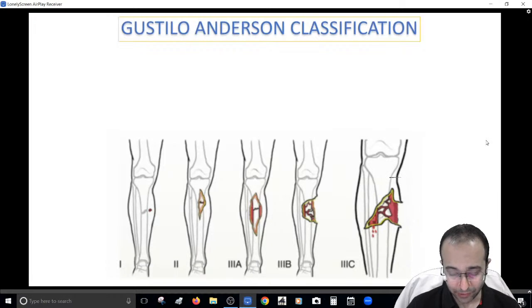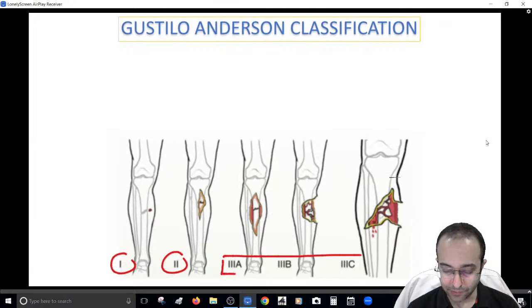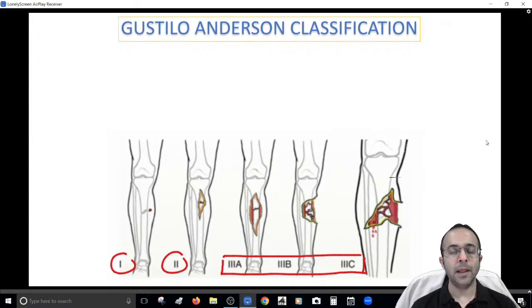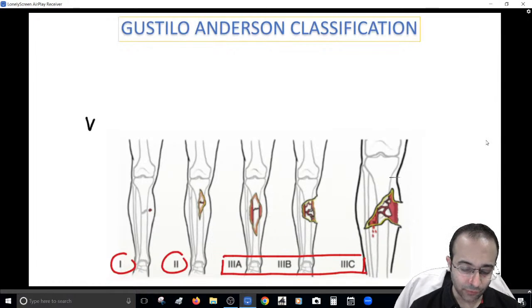Now in the Gustilo-Anderson classification you have grade 1, grade 2, and then grade 3, and grade 3 further gets divided into 3A, 3B and 3C. This is a classification that's primarily based on the size of the wound. In grade 1 the wound would be a puncture wound, less than 1 centimeter.